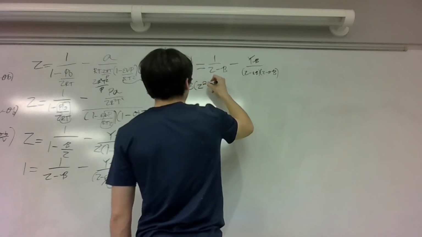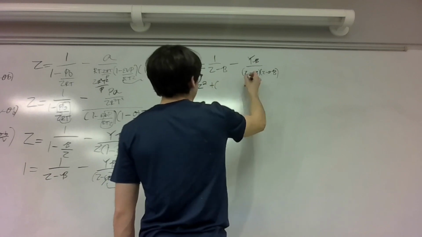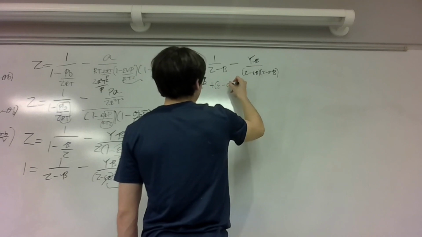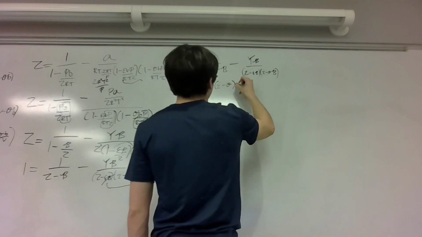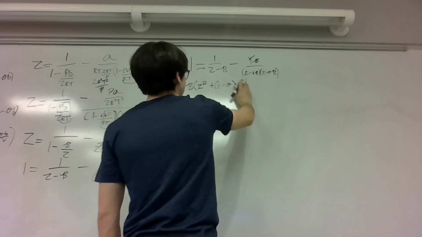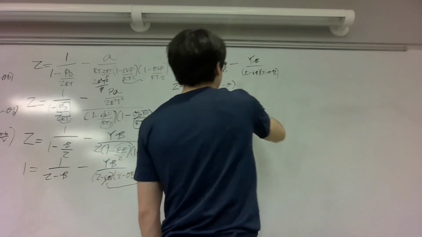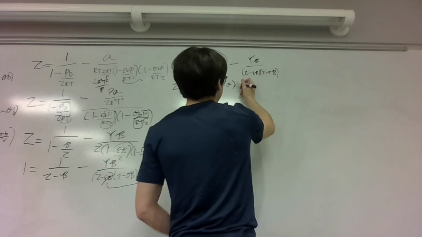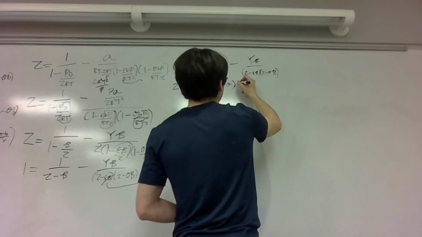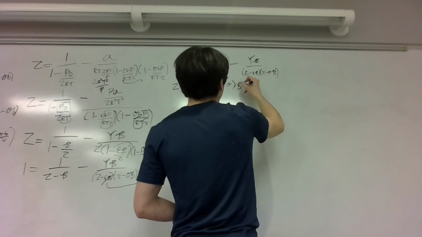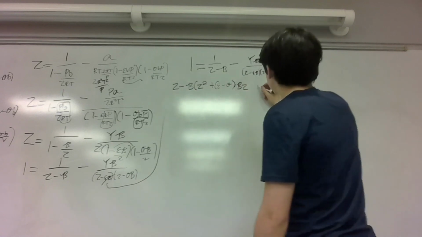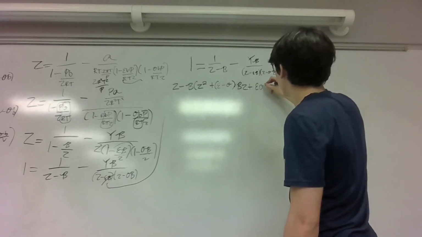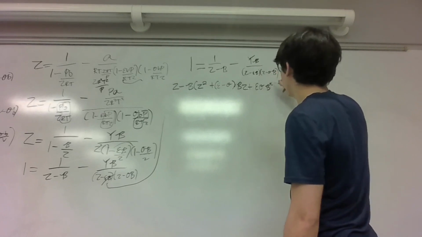squared plus epsilon minus omega beta, this is beta Z, and then plus epsilon omega beta squared.